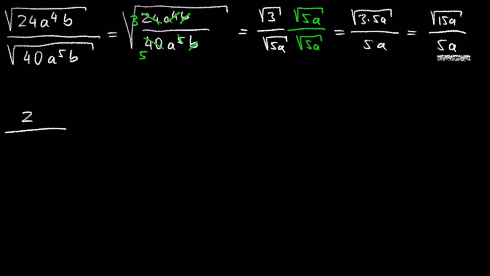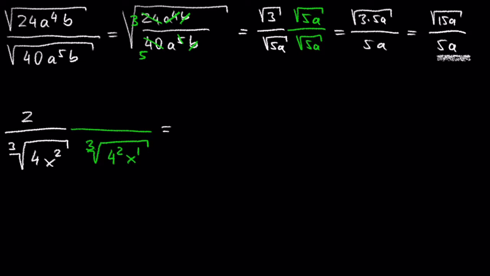Two over the third root of 4x squared. Multiplying the bottom with the third root of 4 to the 2 times x to the 1, and applying the multiplication law for roots gives us the third root of 4 to the 3 times the third root of x to the 3.